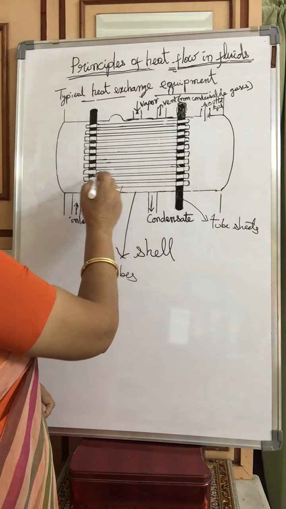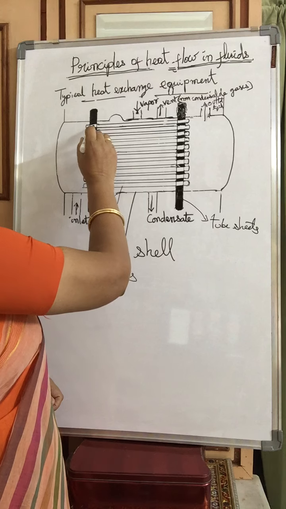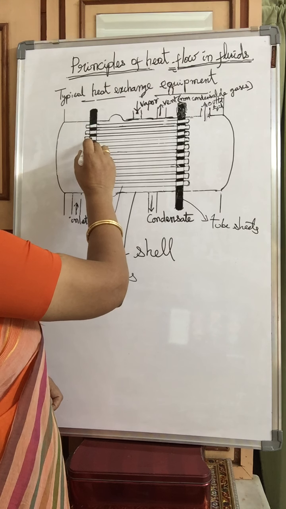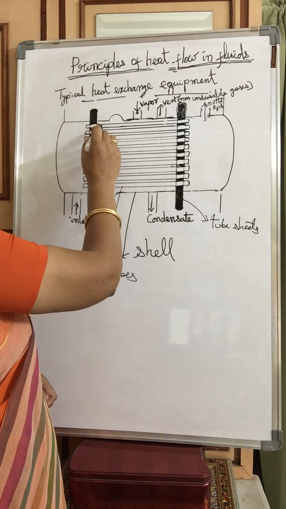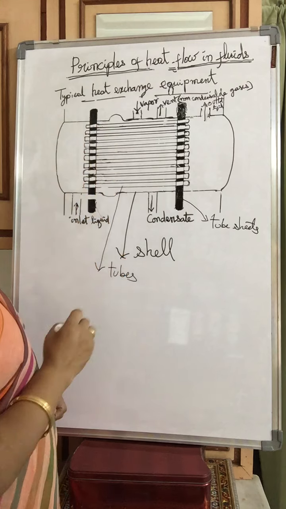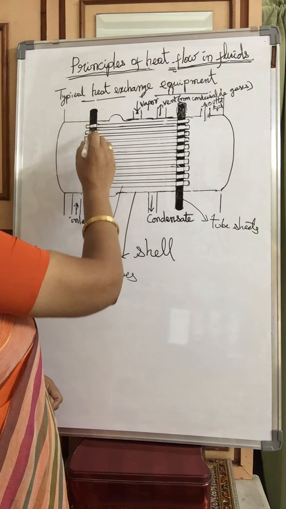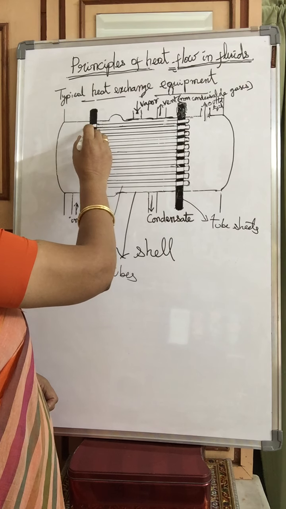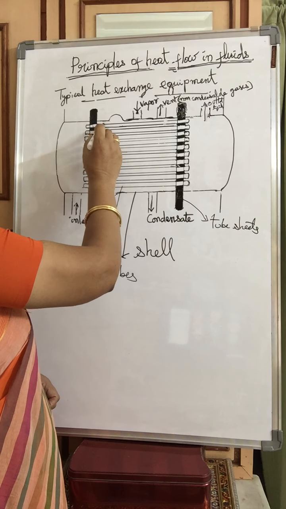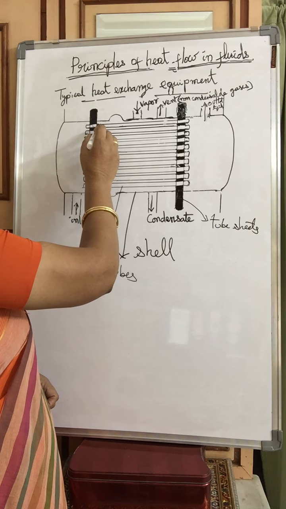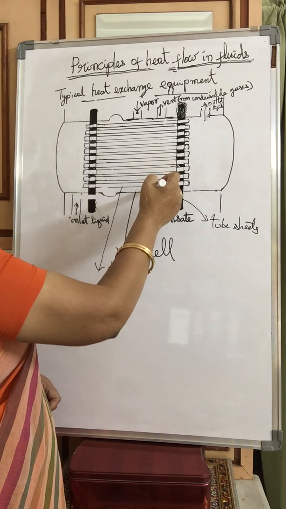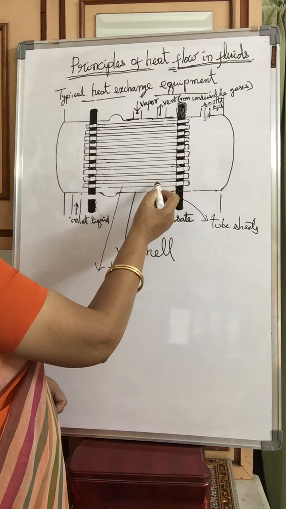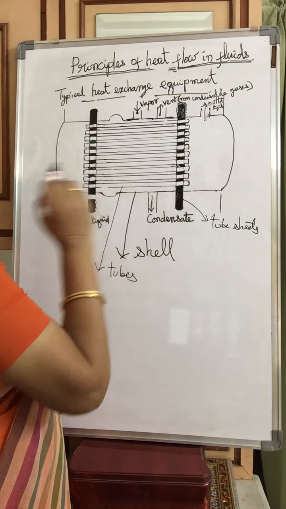That means this tube sheet is perforated with holes. The diameter of each opening must be equal to the outer diameter of the tube, so that the tube correctly fits into it. Like that, these tubes are arranged with the help of tube sheets.